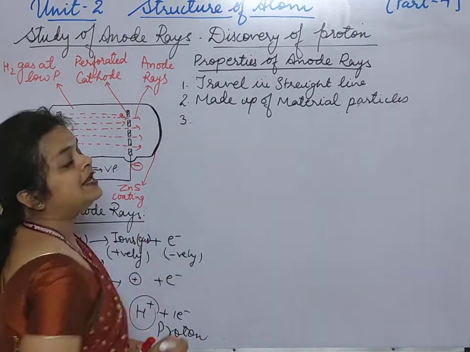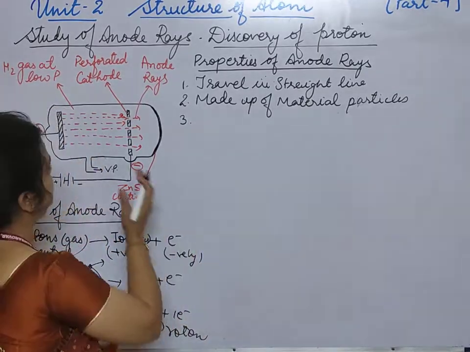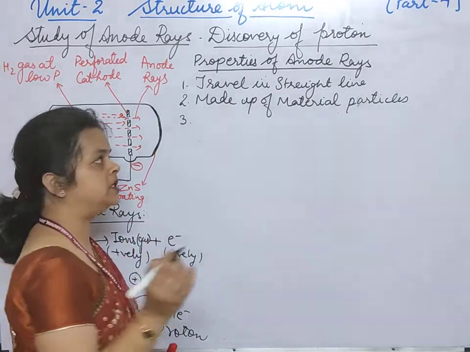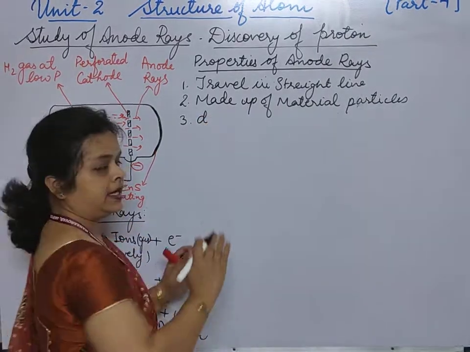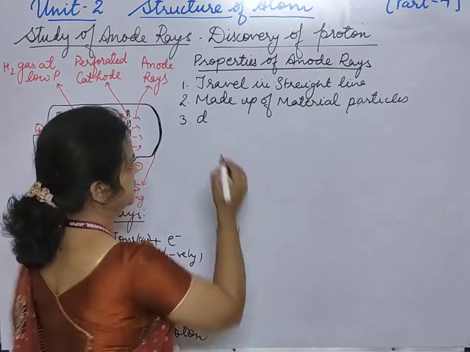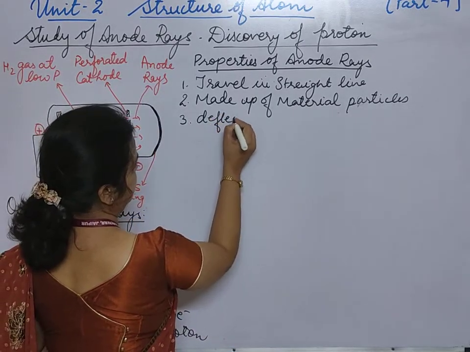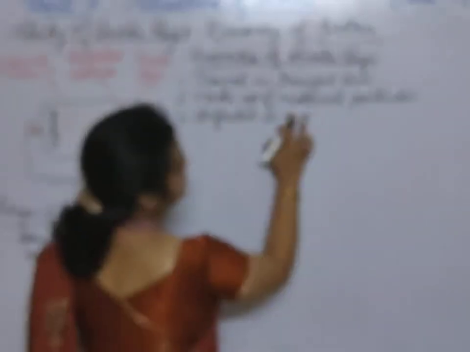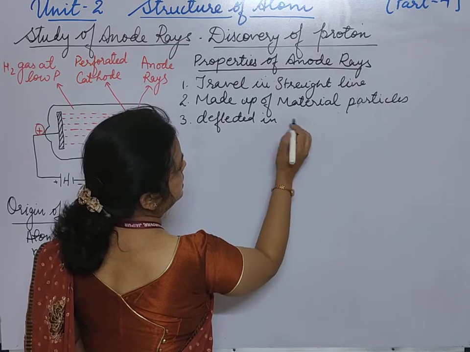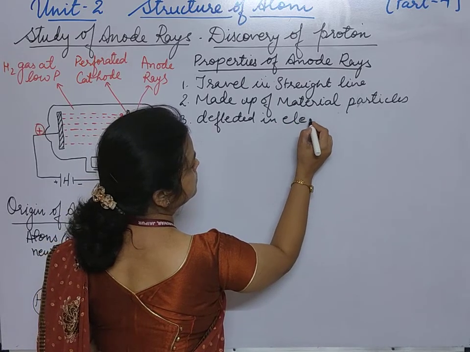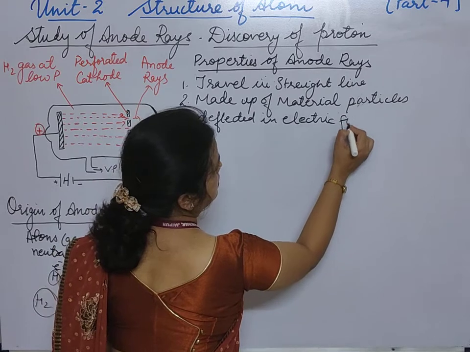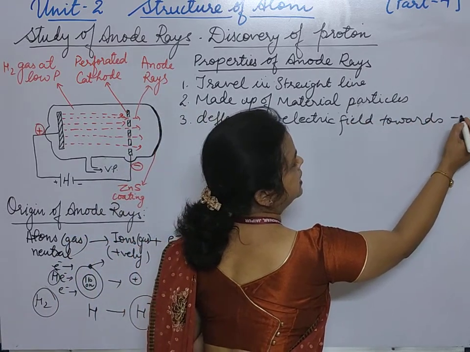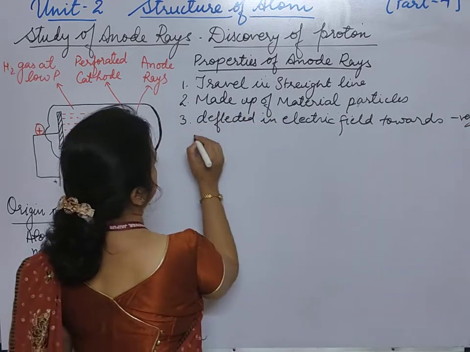Third, electric field. When an electric field was applied in their path, they deflect towards the negatively charged plate. So we can say that they have a positive charge. So we will write they deflected in the electric field towards the negatively charged plate.